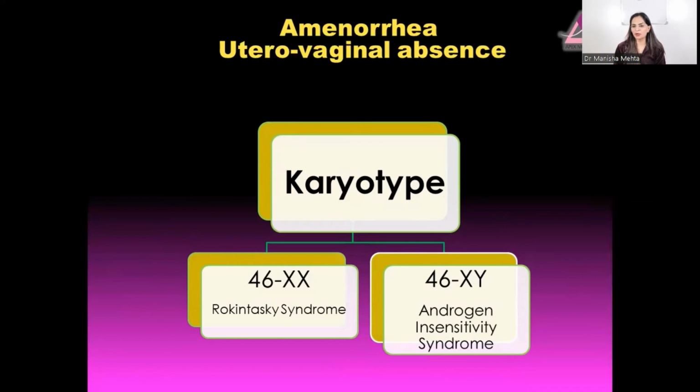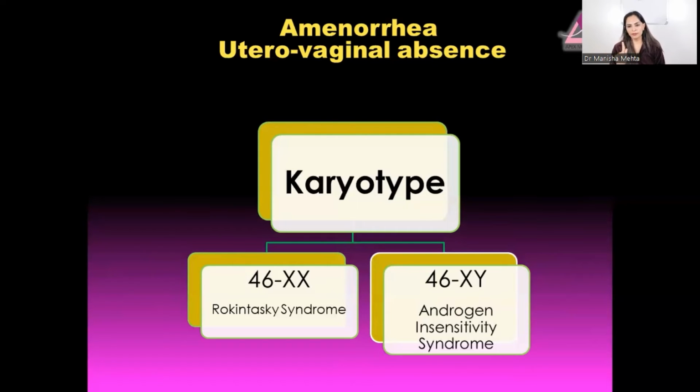You get an ultrasound done. The ultrasound will show a rudimentary uterus, right? So what is the first thing you are supposed to do at this stage when you don't see uterus and vagina?